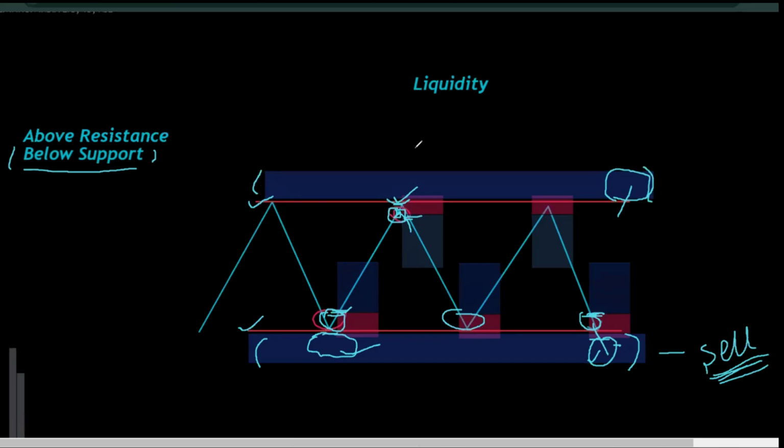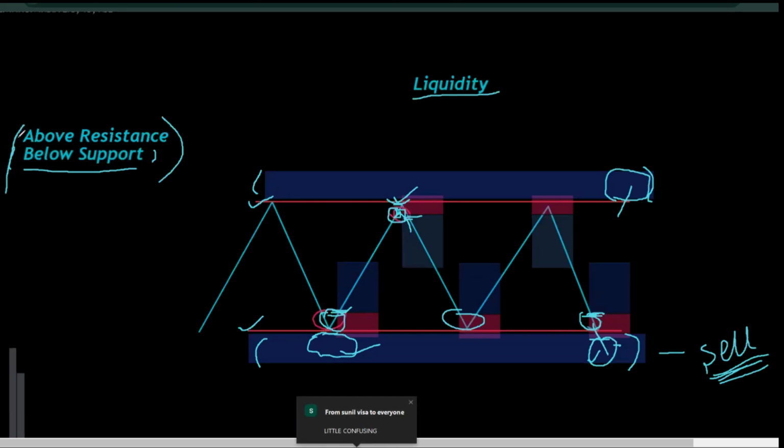So basically, whenever anyone tells you liquidity, you need to keep two lines in your mind. Above resistance, you have liquidity. Below support, you have liquidity. Forget about buy side, sell side. Just keep these two lines in your mind. Why?